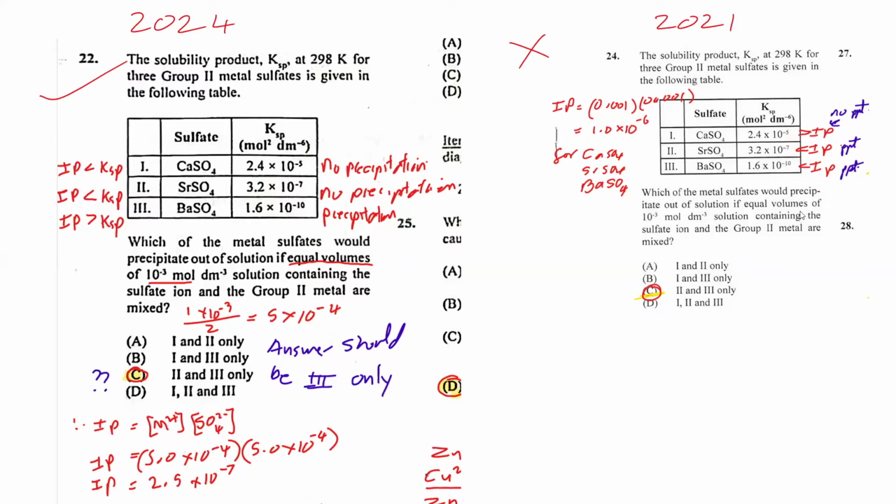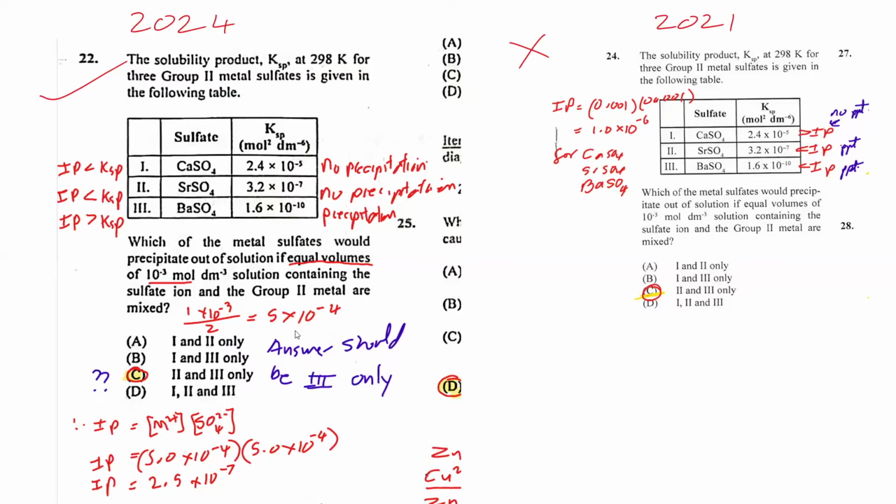But if the question is to be worked out correctly, because you're given equal volumes, you have to halve the concentrations in order to find the IP. So 10 to the minus 3 halved would give you 5 times 10 to the minus 4. The IP value for that now would be 5 times 10 to the minus 4 times 5 times 10 to the minus 4, which gives you an IP value of 2.5 times 10 to the minus 7.